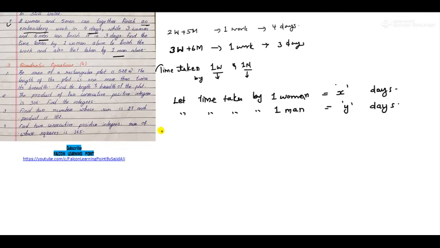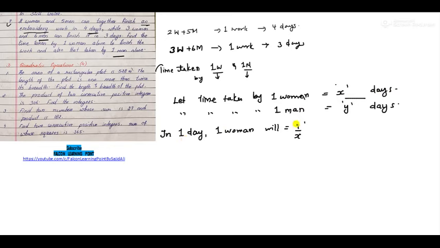Now in one day how much work can they do? In one day, one woman will do how much work? In one day she will do just 1 by x part of the work, correct? Because the total days she is taking is x, so for one day it will be just 1 by x.